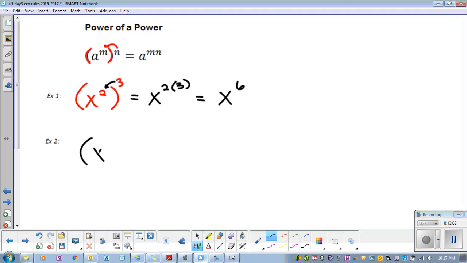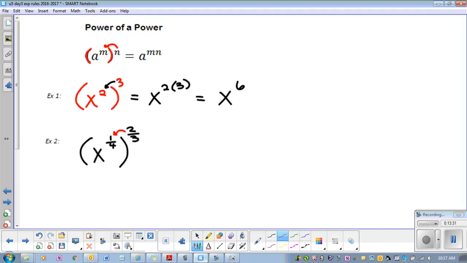All right, so what if I threw fractions into that mix? So I had x to the 1/4 power already, but then I want to take that to the 2/3 power also. What do you have to do with those exponents? You multiply.